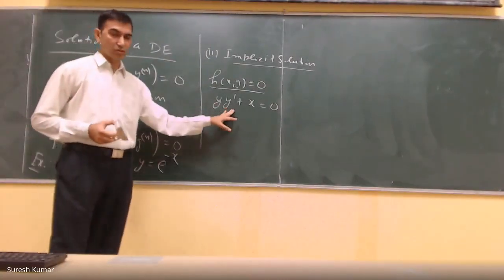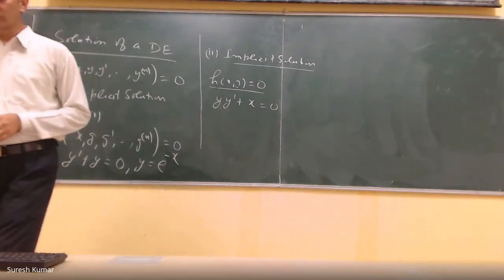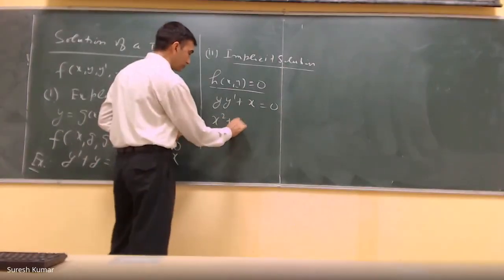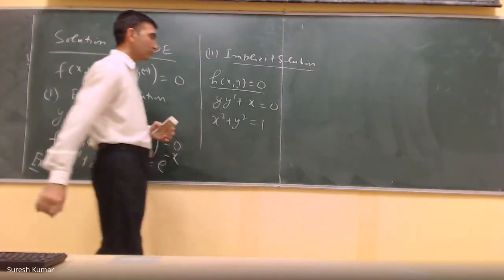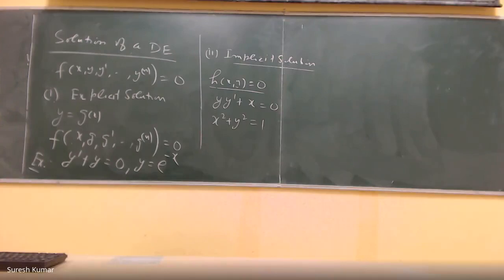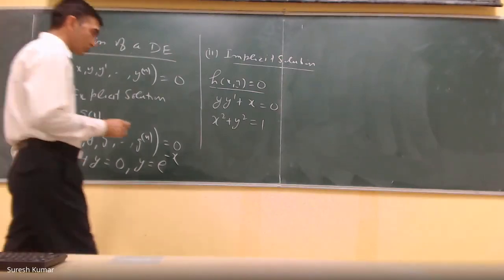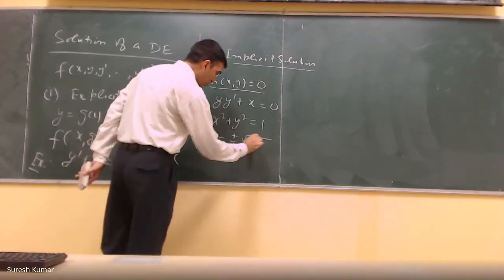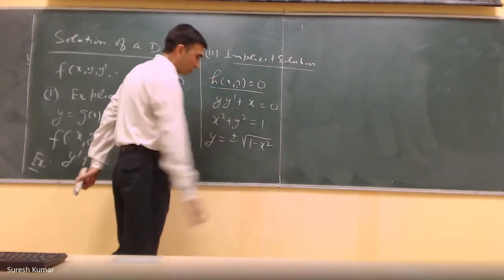Consider this differential equation y prime plus x equal to 0. Now look at this relation. I say that it is an implicit solution of this differential equation because from this I can write two explicit solutions.